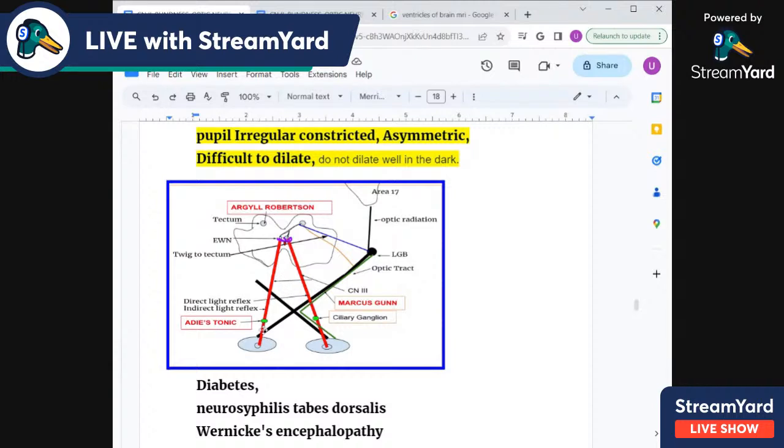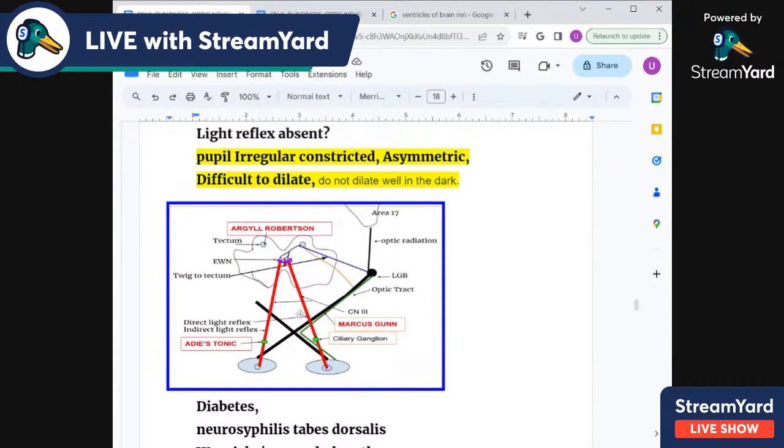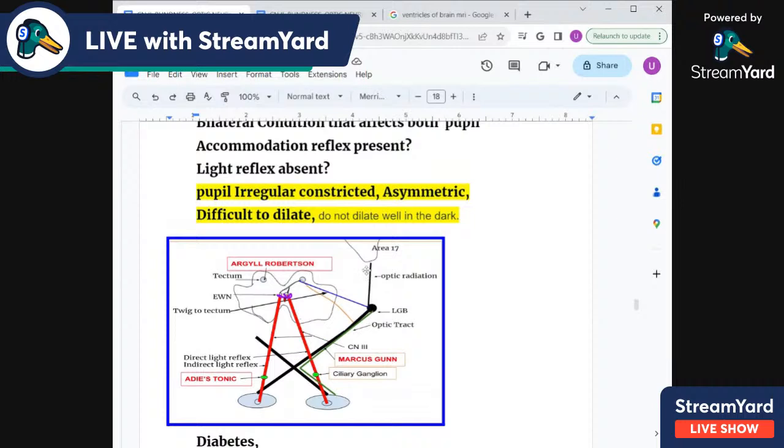But accommodation reflex is present. Why is it so? Because accommodation reflex is not controlled by here. It's controlled centrally. So this optic nerve here goes from the lateral geniculate body through the geniculocalcarine tract to the area 17 of the occipital cortex, the visual cortex, and the association area 18, 19.